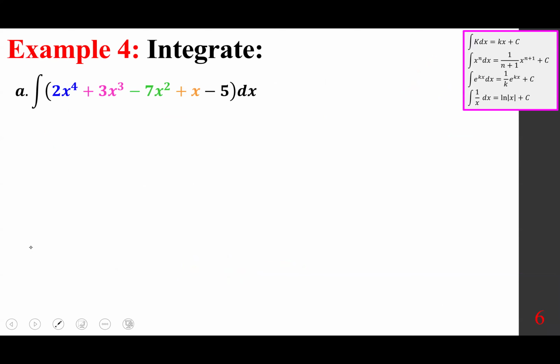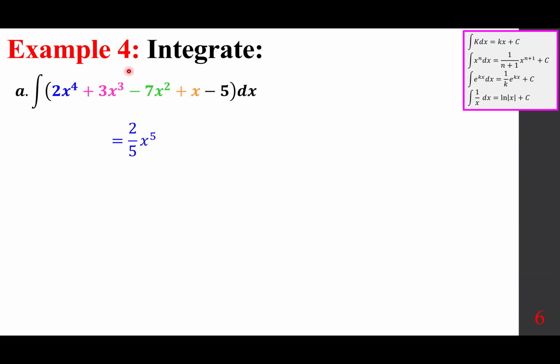All right. We're going to integrate, and we are going to do term by term, which means this one, the exponent is 4. We take it up, we make it 5. So 2 over 5 x to the power of 5.